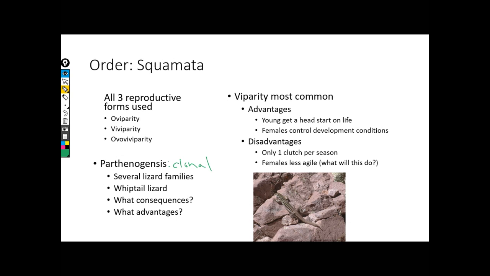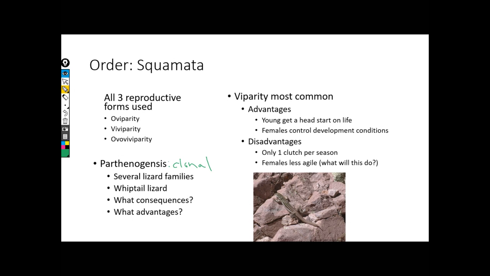And there's a lot of benefits. Remember from what we know, this gives the offspring a really good head start. They're not sitting in that vulnerable egg stage. There's no nest guarding that has to occur. And females have a lot more control over protecting the offspring as well.